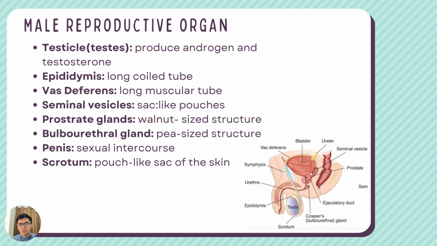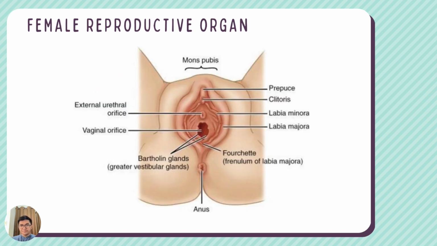Epididymis, long coiled tube. Vas deferens, long muscular tube. Seminal vesicles, sac-like pouch. Prostate gland, walnut-sized structure. Bulbourethral gland, pea-sized structure. Penis, for sexual intercourse. Scrotum, pouch-like sac of skin.